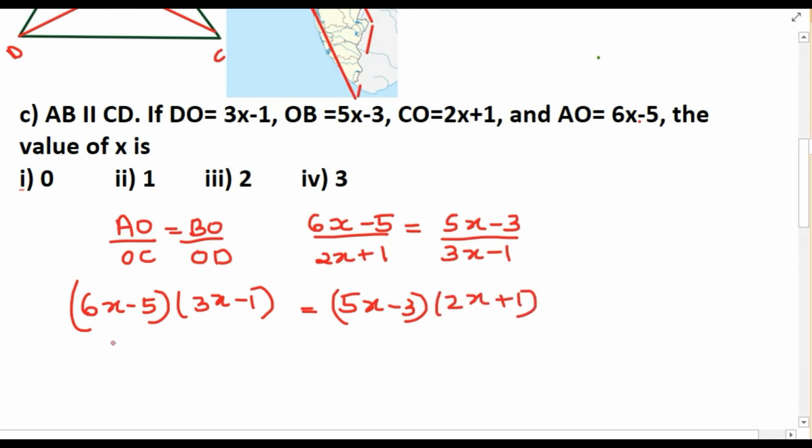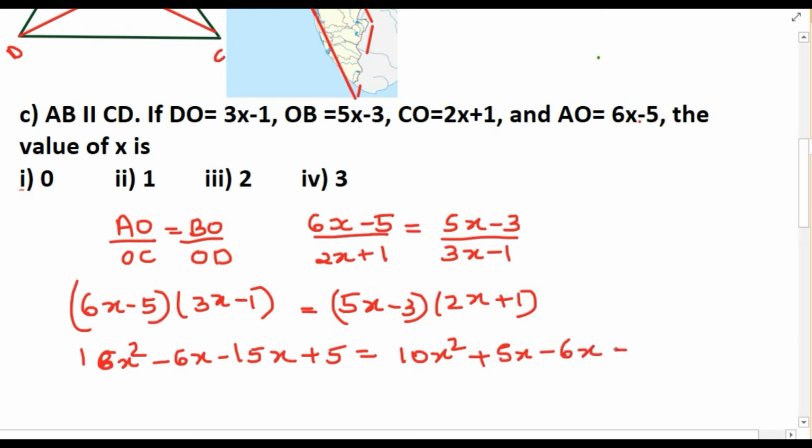Which is equal to 6x into 3x, which is 18x square minus 6x minus 15x plus 5, equal to 10x square plus 5x minus 6x minus 3. Now we need to simplify this.